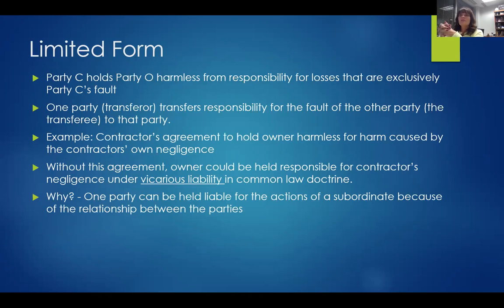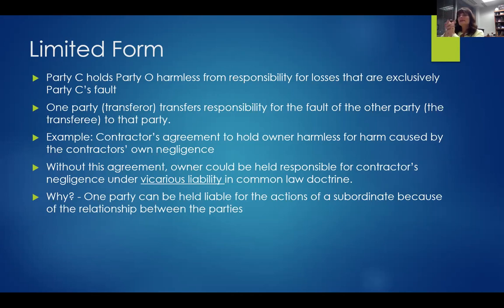One party, the transferor, transfers the responsibility for fault to the other party. So they're basically saying, contractor, remember, the owner could ultimately be responsible for anything that happens, even if it's not their fault, because someone could sue them. But in the limited form, the contractor is willing to say, I will hold you harmless for anything that's my fault.